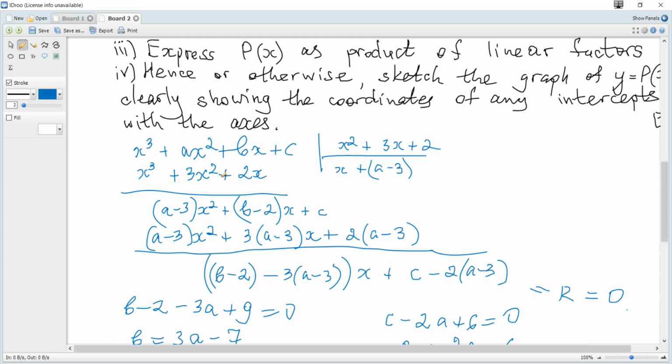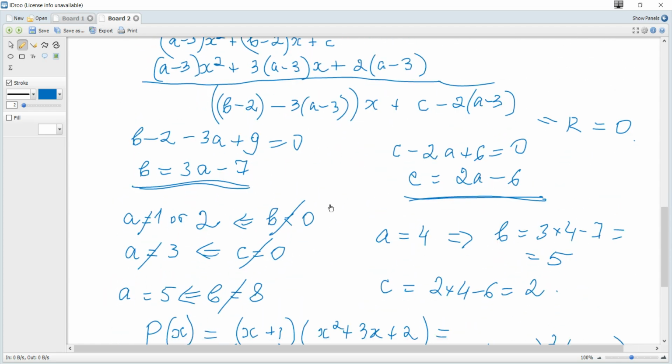When x tends to plus or minus infinity, we consider only the greatest power of x, because other terms will be much less.